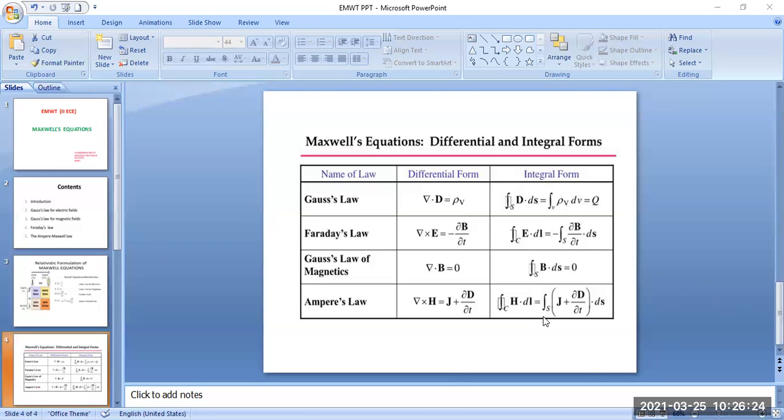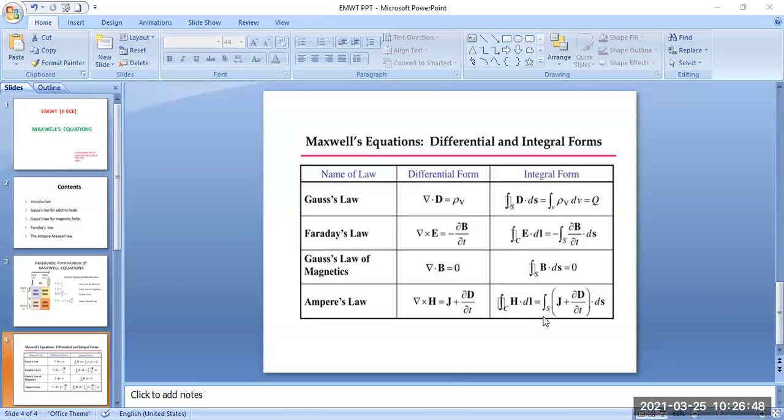Next one, Maxwell's equations for good conductors. For a good conductor, we have the condition sigma by omega epsilon greater than 1. That is a good conductor.